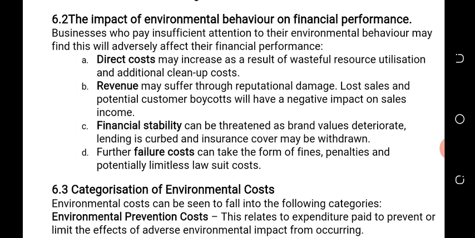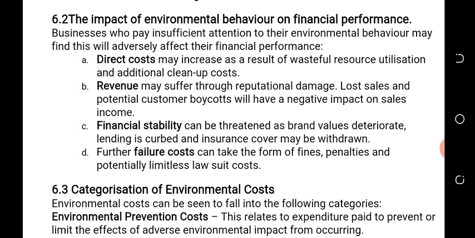Revenue may also suffer through reputational damage, loss of sales, and potential customer boycotts, which will have a negative impact on sales income.